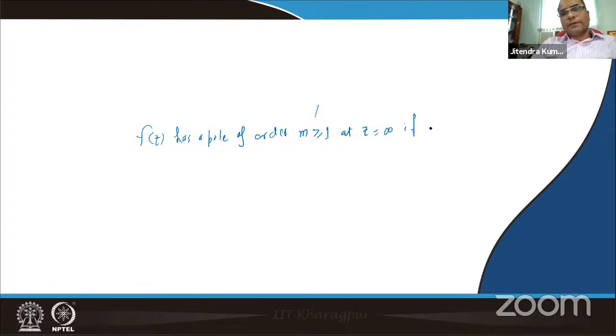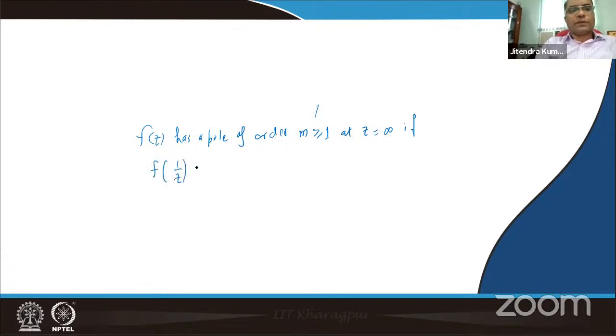Let me just write this down. If f(z) has a pole of order m greater than or equal to 0 at z equal to infinity, what you look for is f(1/z).